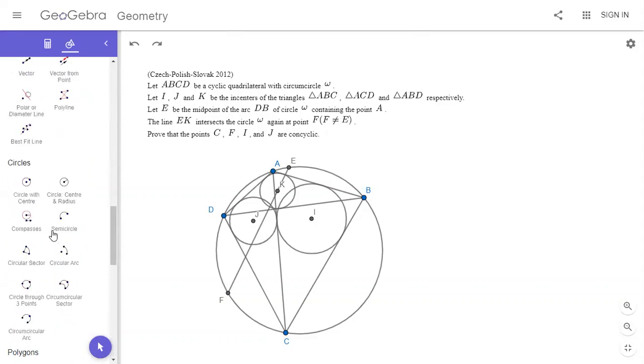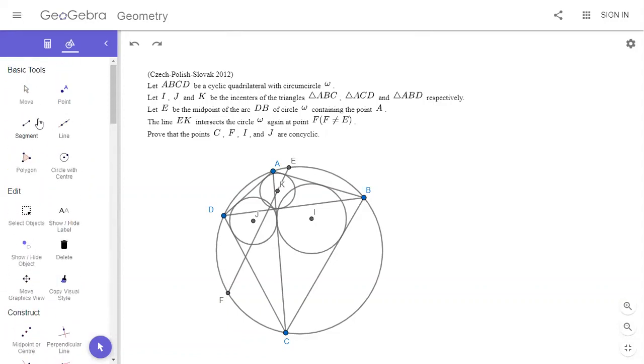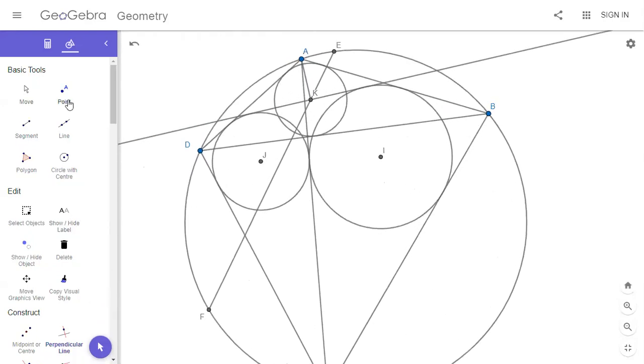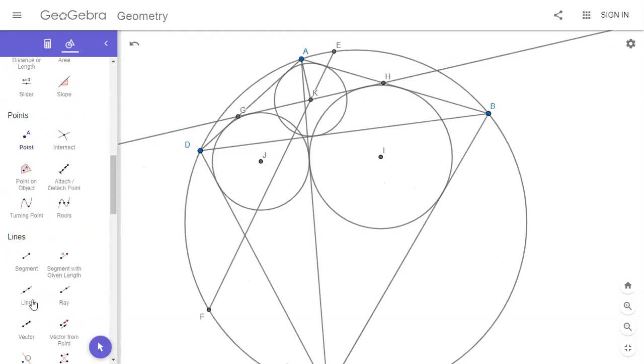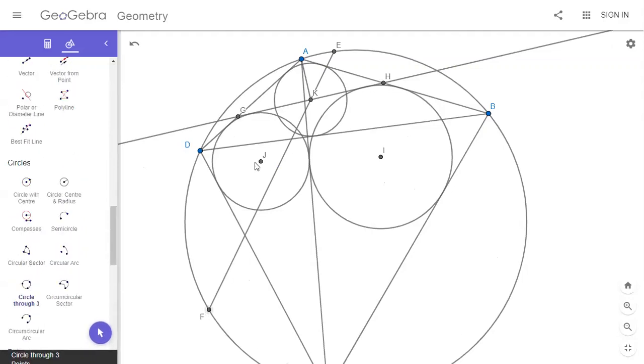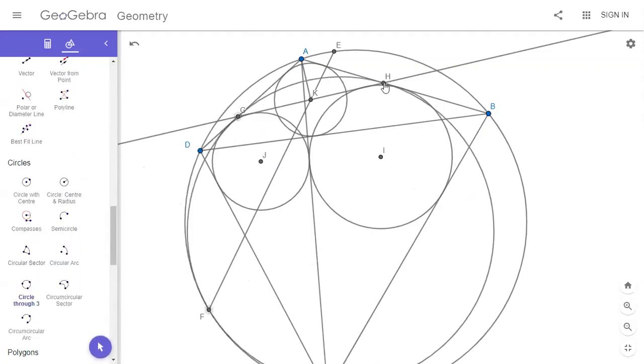So basically what I'm going to want to do to draw it as short as possible, I'm going to try to do this. And that point, oh, whoops, that point, and I'm going to draw the circumcircle of GHF.